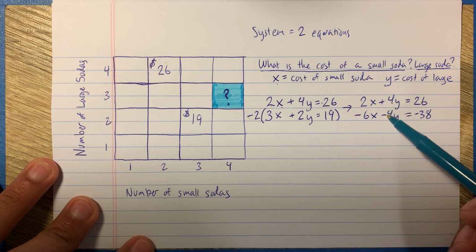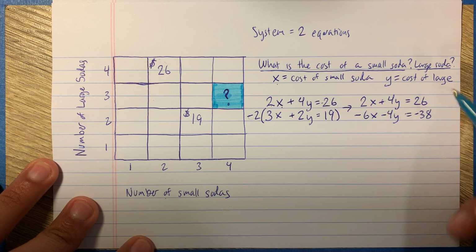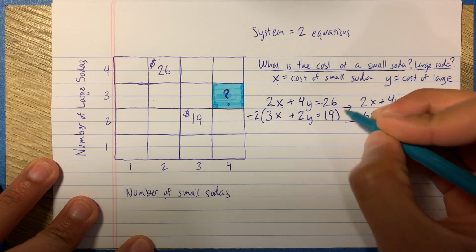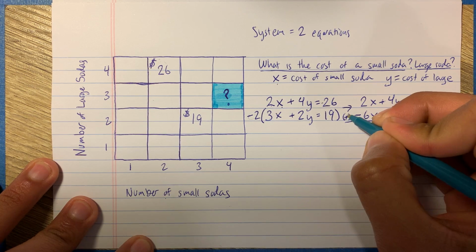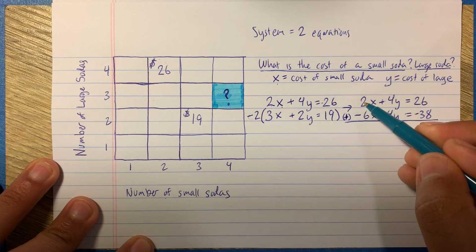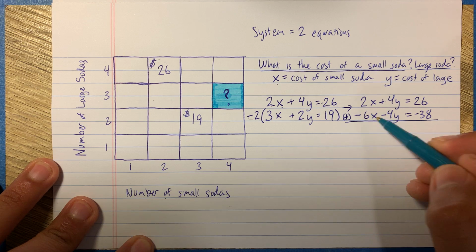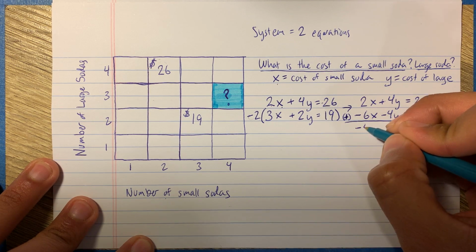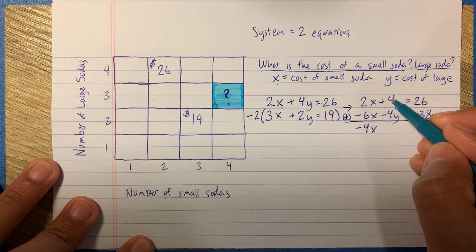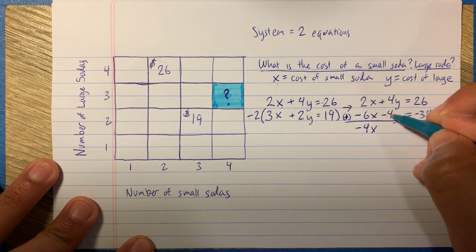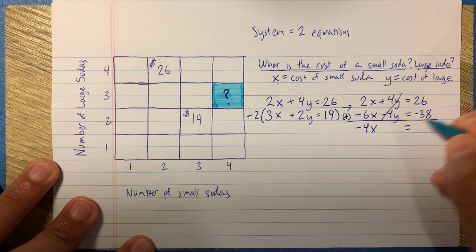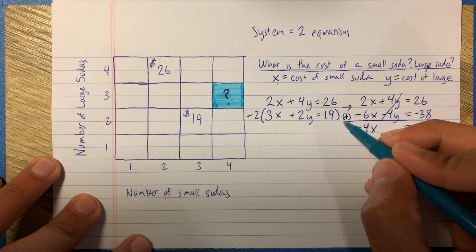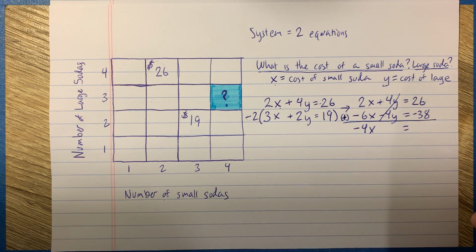Now I eliminate. Because these signs are different, I am going to add the 2 equations together. 2 plus -6 gets me -4x. 4y plus -4y is 0, so these just cancel out. And I'm left with 26 plus -38.